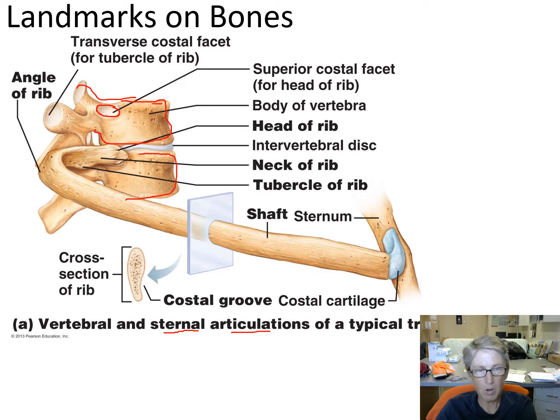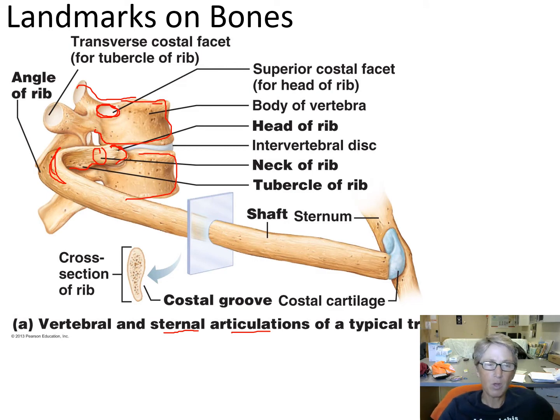This is the superior costal facet, and it forms a joint with the head of the rib. So then you can see here this piece is the head of the rib, and here's the neck of the rib. Here's a little projection, a tubercle of the rib, and then this is the angle of the rib where it bends. But the head of the rib articulates with the superior costal facet of the vertebra.